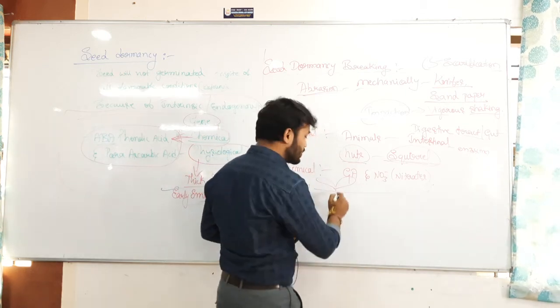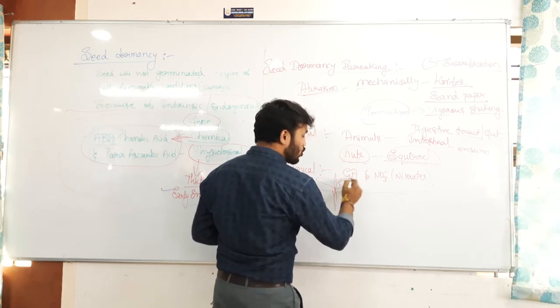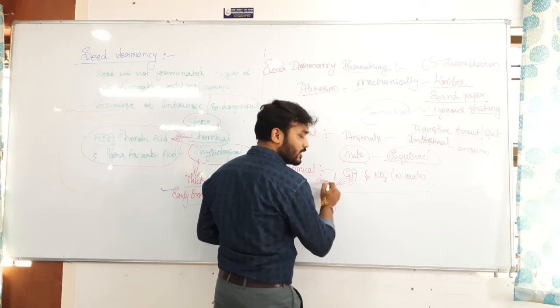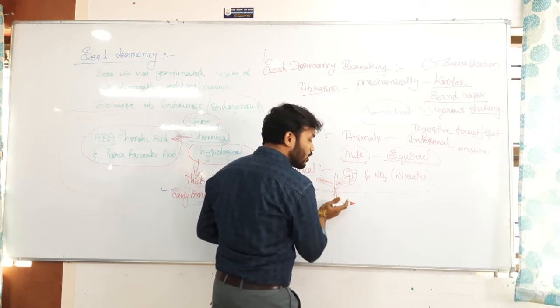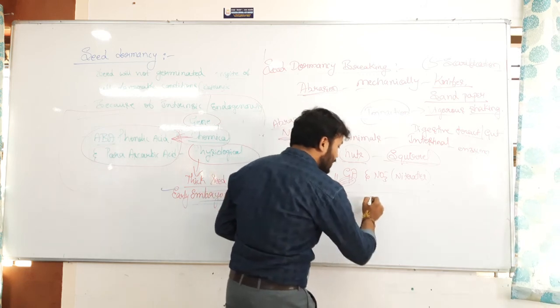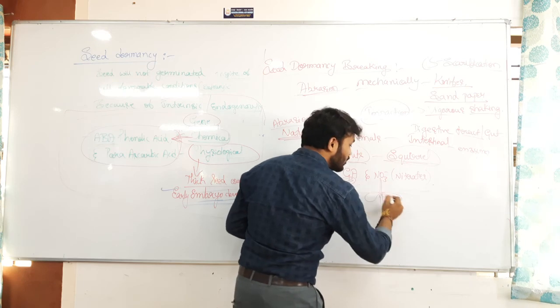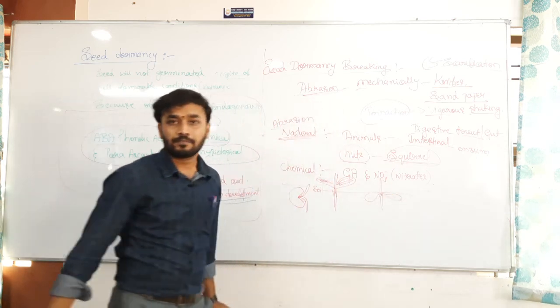These are the cotyledons that I have shown here. These are the axis. In epigeal germination, the cotyledons come above the soil surface. But in some conditions, the cotyledons remain inside the soil and do not come out.